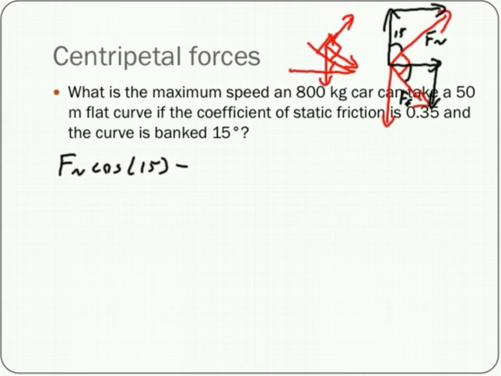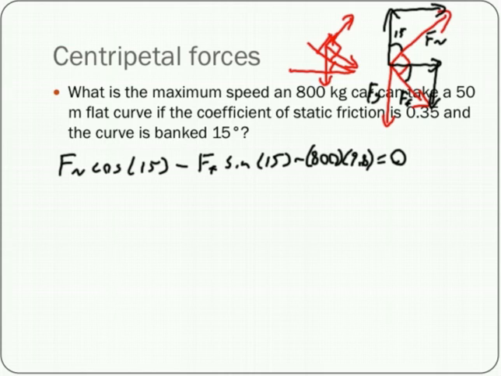Since that's 15 here, it's opposite, so minus Ff sine of 15, and then minus as well the gravitational force, Fg, which is going down here, which is simply the mass 800 times the acceleration due to gravity 9.8. We know these have to equal 0, and that's going to be our first equation.